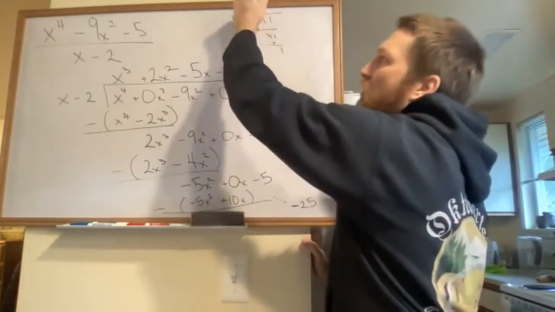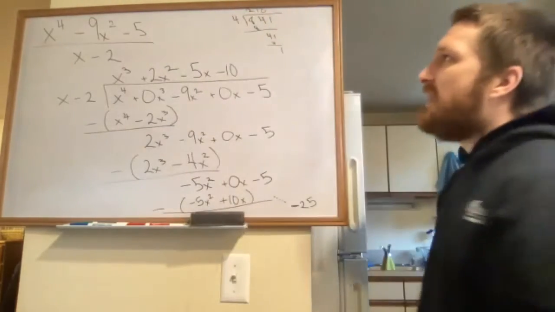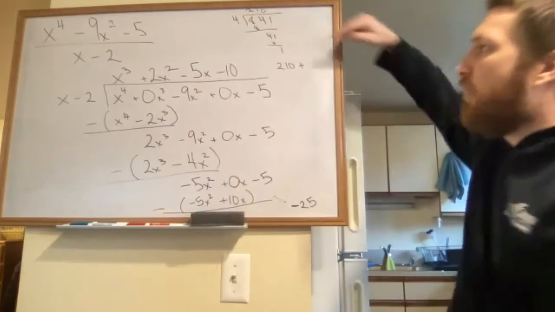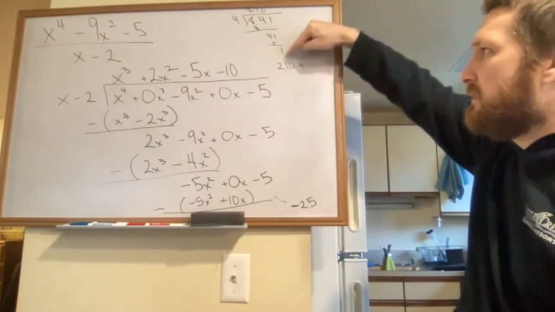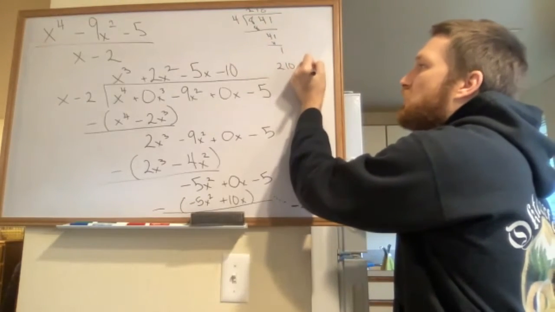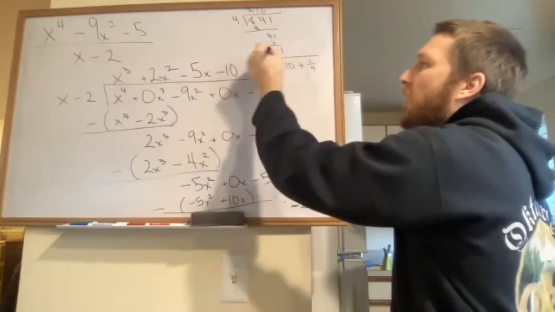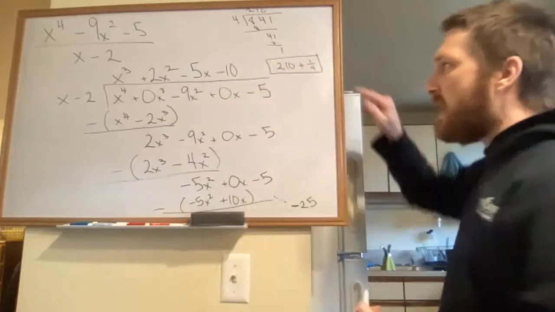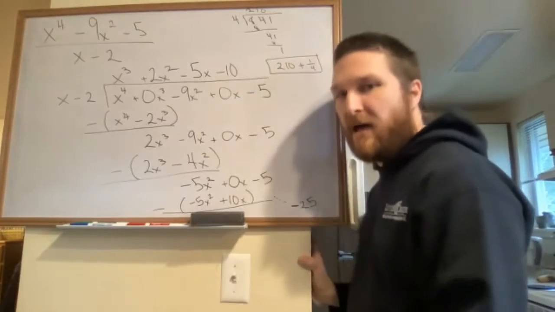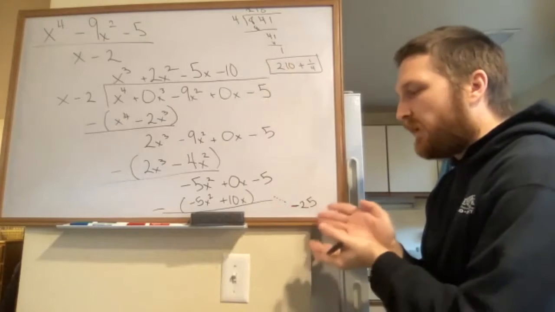And I said what we could do with that is say, that's the same thing as 210 plus whatever the remainder is divided by that number. And in that case, it came out to be 210 plus a quarter, right? Which was indeed 210.25.